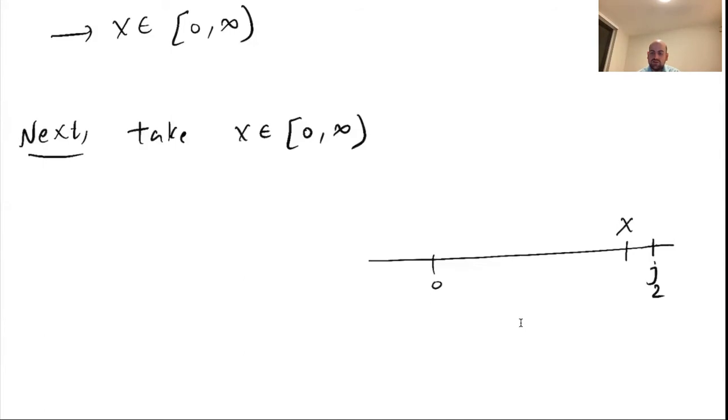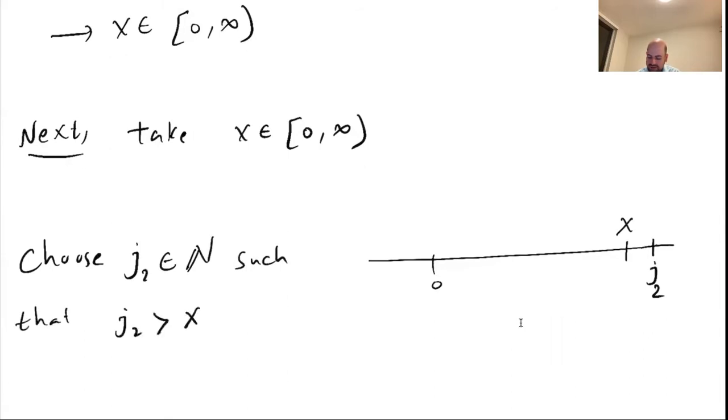I just need to choose such a number. So choose J2 in N such that J2 is bigger than x. Like the picture, no matter how large x is, I can always choose an integer bigger than x.